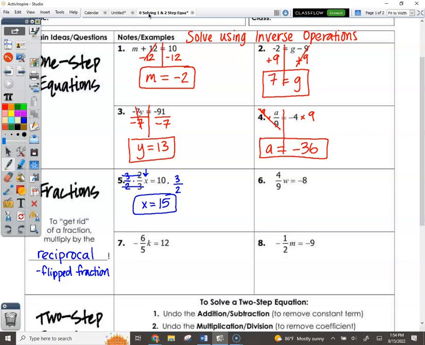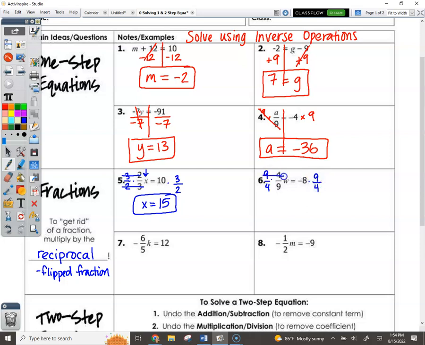So we want W by itself. Trenton, what am I going to multiply by? Number 6. All right, Brooklyn, the reciprocal of 4 over 9, and that would be what, y'all? 9 over 4.